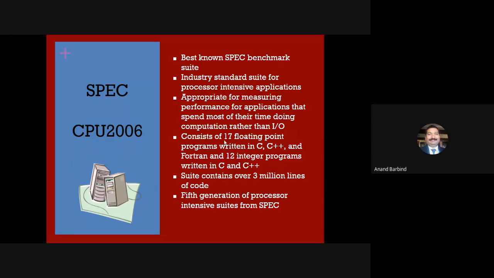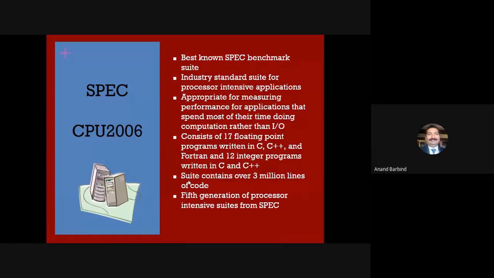The suite consists of 29 programs. Of that, 17 programs make use of floating point numbers. Those programs are written in the languages C, C++, and Fortran. So in various languages these programs are written, whereas the 12 programs use integer data, and they are written in C and C++.